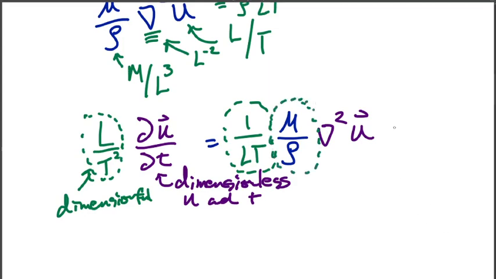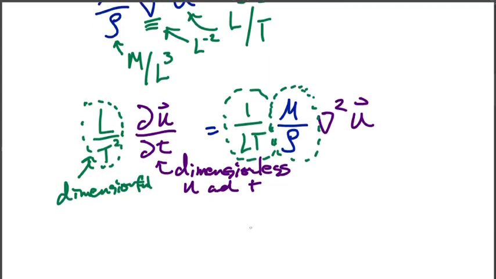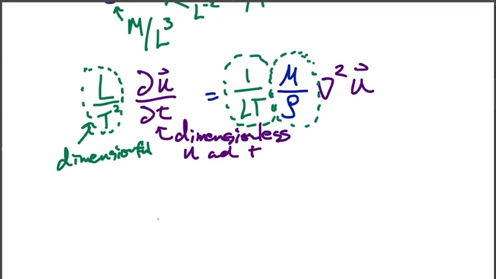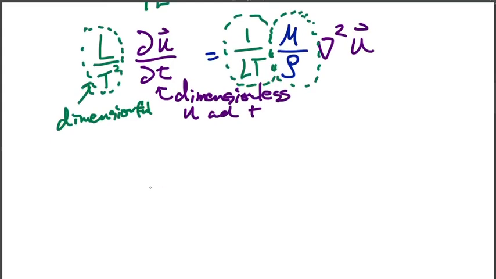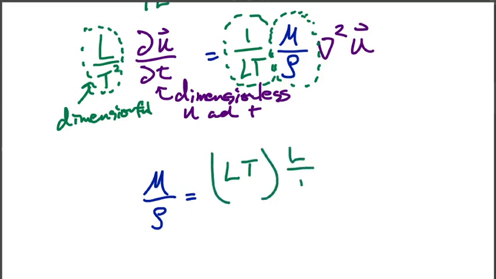So let's start by looking at our unknown dimensional quantity. What are the dimensions of mu over rho? Just by taking the bits in front of it and equating to the bits on the other side, this has an L over T times an L over T squared. So we cross out the T in one of the powers, and this has the units of length squared per time.